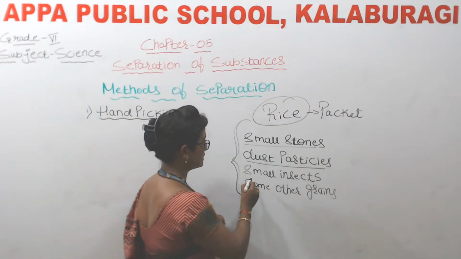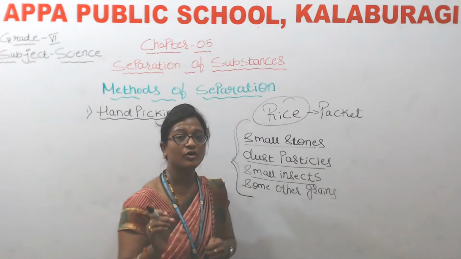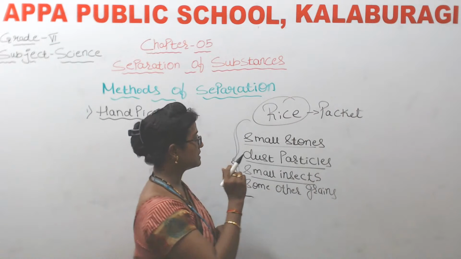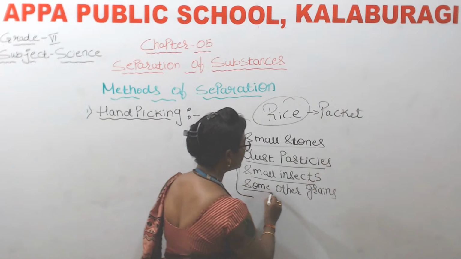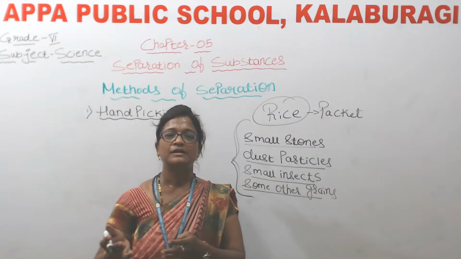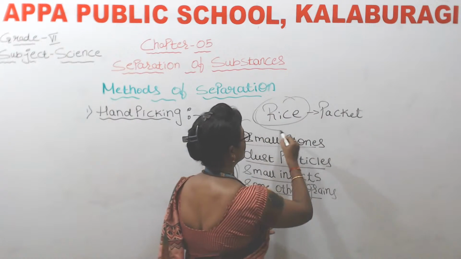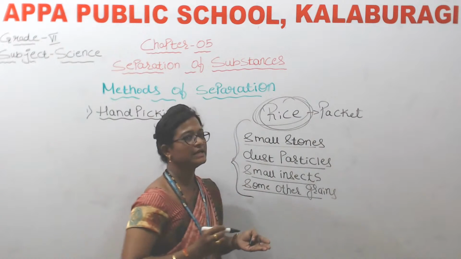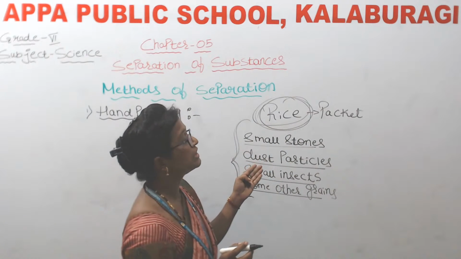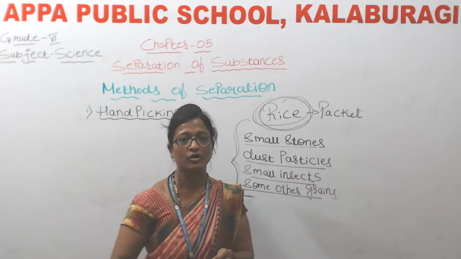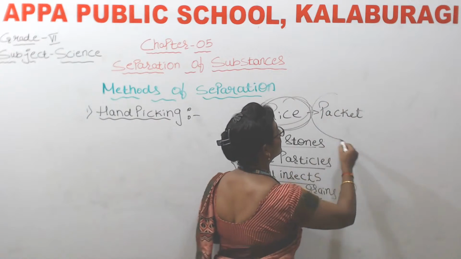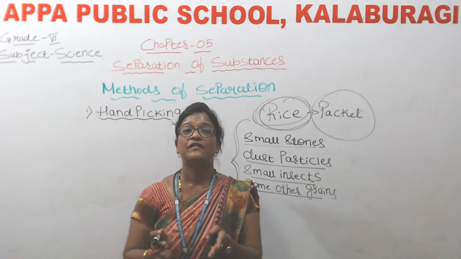Even sometimes small insects will be present in the rice, and sometimes other grains or pulses may also be added. I'm not talking about 1 or 2 kg which you bring from the mall. I'm talking about like 25 kg.